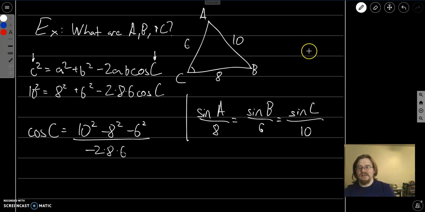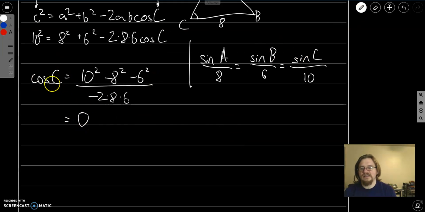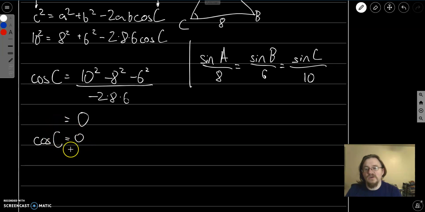So what you'll notice is that 10 squared minus 8 squared minus 6 squared is just 0, and 0 divided by anything is 0. So we know that the cosine of c is just 0. And this is one of the special situations where I know what c is without having to do any work, because this is one of our special angles.